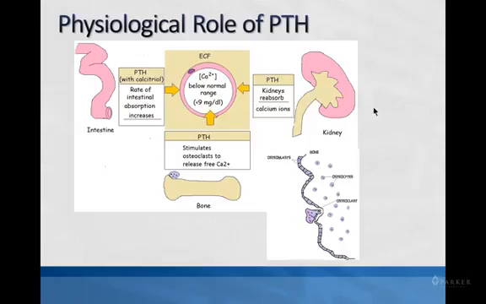A lot of students have problems grasping the fact that parathyroid hormone and vitamin D have different effects in regards to phosphate. But think about when they're needed. Parathyroid hormone is needed more when you've got issues and your calcium levels are getting too low.